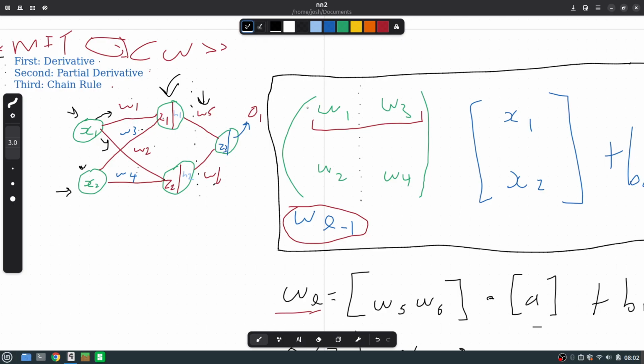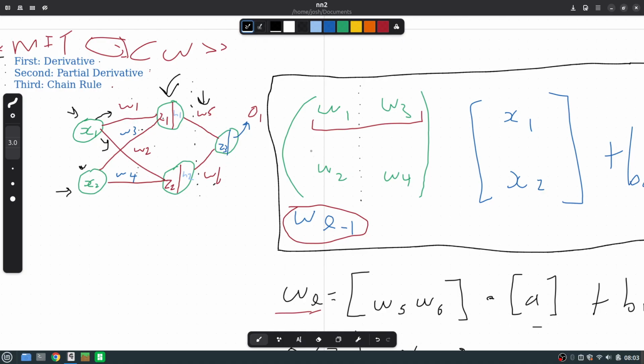We've already established that the first row of this weight matrix corresponds to a particular node inside of that hidden layer. So if you look very carefully, we've got W1 and W3 corresponding to the first node. W1 goes into this first node and W3 also goes into that first node. You can also think of it in terms of columns. It's good to have multiple representations of what is going on.